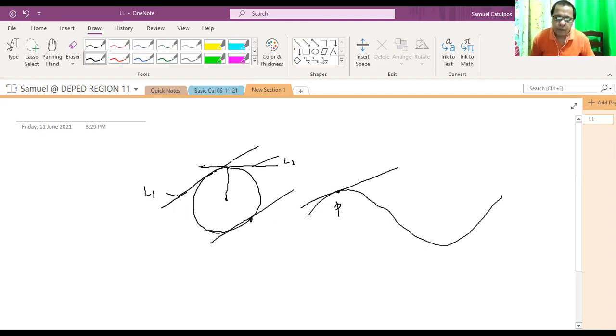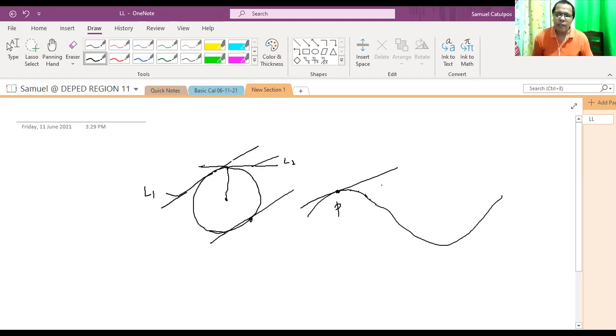At diri pod nga point, naa pod diha different nga tangent line. Okay? So kung kani nga P, if you want to define a certain equation and want to get the derivative, kabalo man ta nga finding the derivative is just the same as finding the limits.